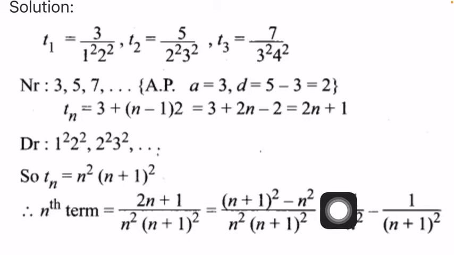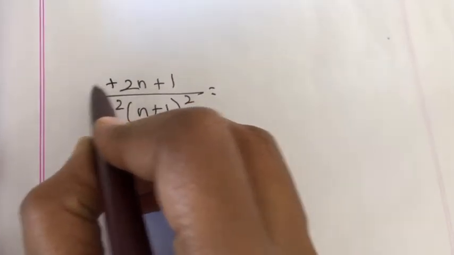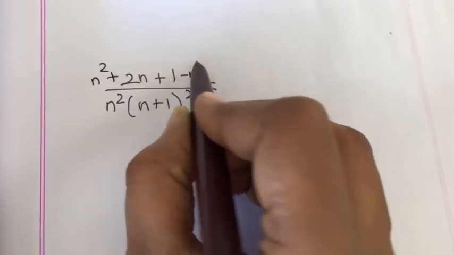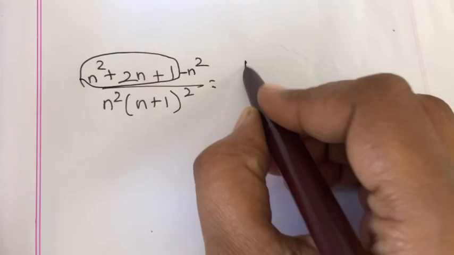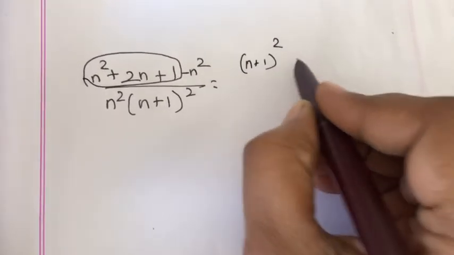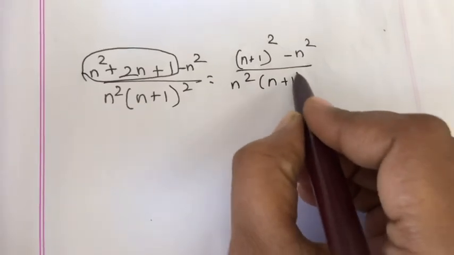While writing this, this is the denominator for this term as well as for this term. So in the numerator I add 1 n square and subtract 1 n square. So n square plus 2n plus 1 becomes n plus 1 the whole square minus n square, divided by n square into n plus 1 the whole square.